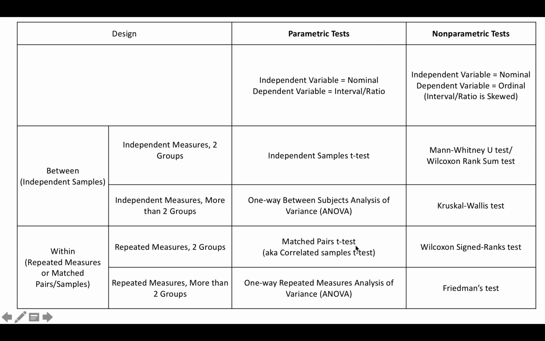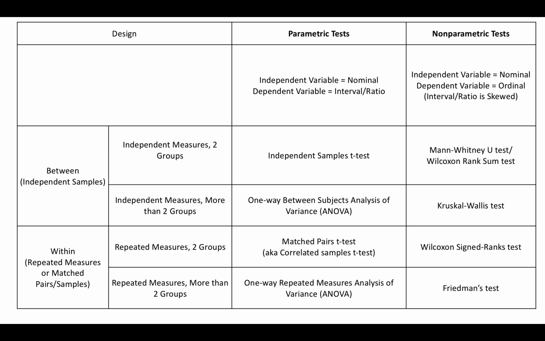If we go back to the table that I showed you a few slides ago, I'll identify the four non-parametric tests that we're going to discuss in this unit. Whenever you can do the independent samples t-test, but your assumptions have been violated, or for one of those reasons that I just discussed, you're going to use the Mann-Whitney U-test or the Wilcoxon rank sum test.